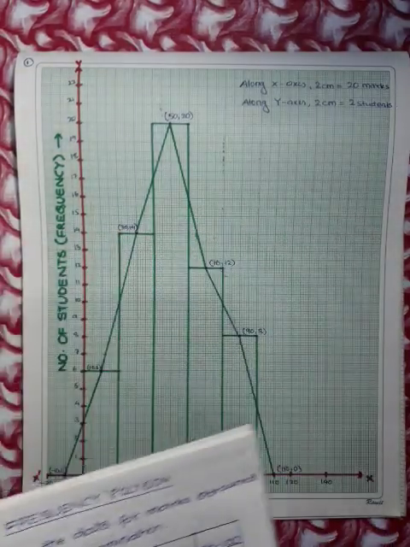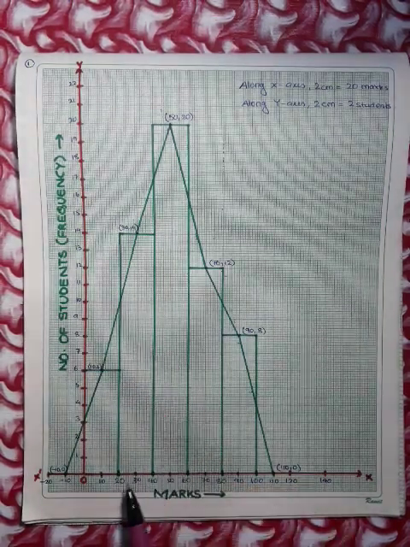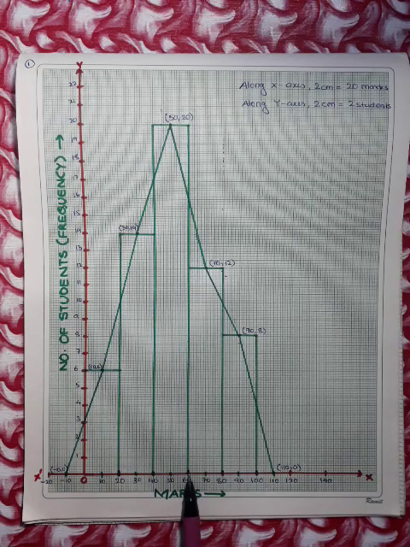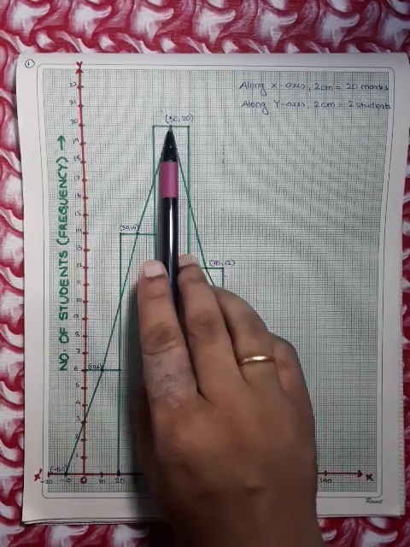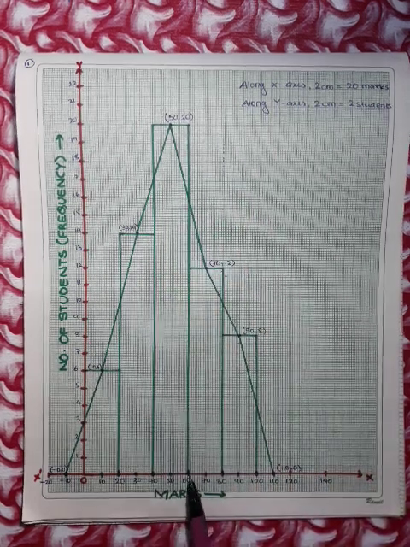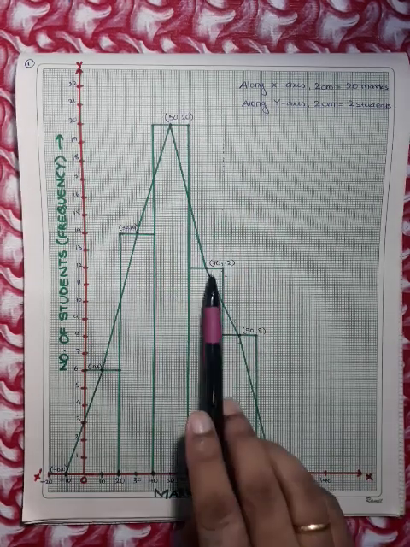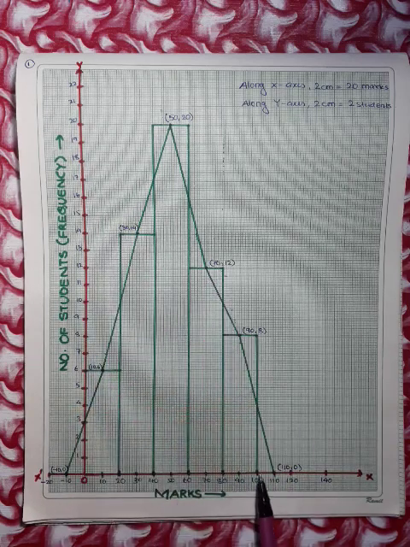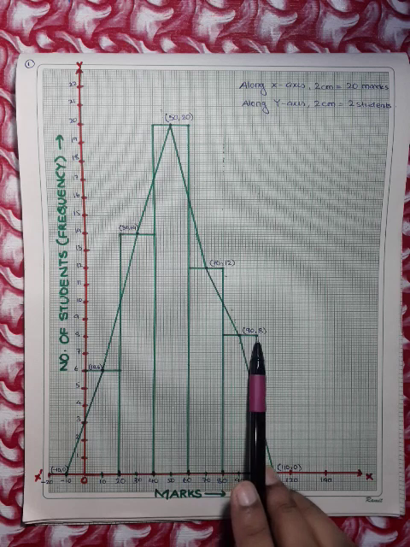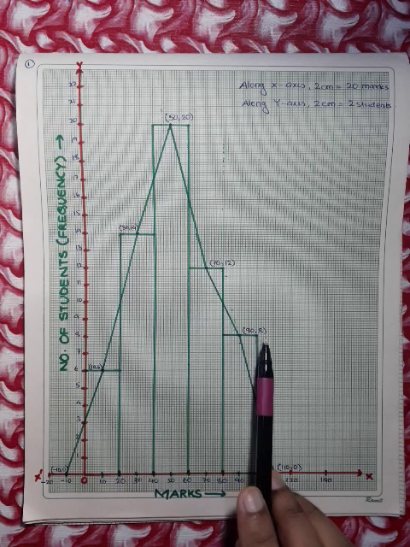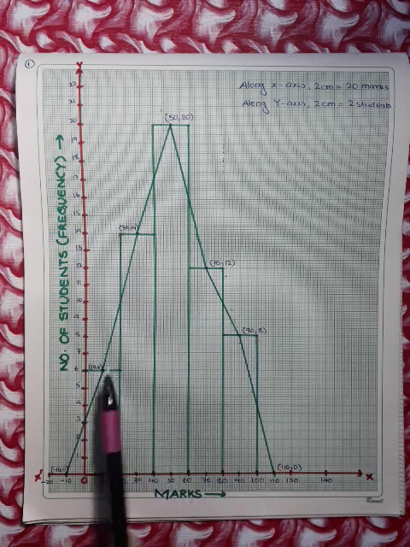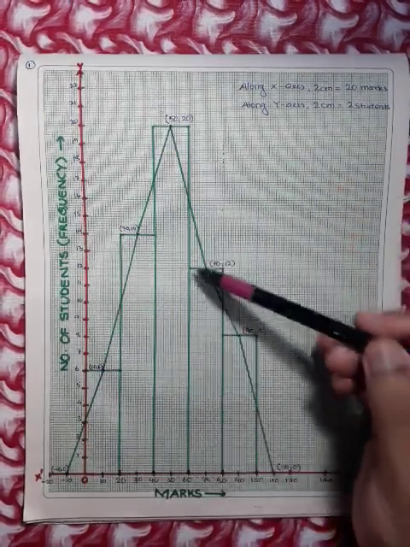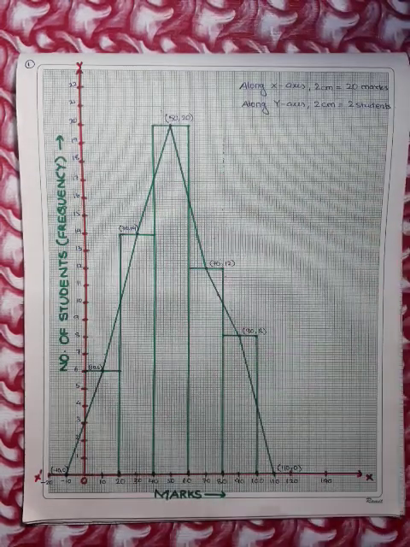So I have plotted this in the graph: 20 to 40, 14; 40 to 60, 20; 60 to 80, 12; 80 to 100, 8. Now first we draw these rectangular boxes, a rectangular pillar or rectangular graph. This rectangular graph is known as the histogram.